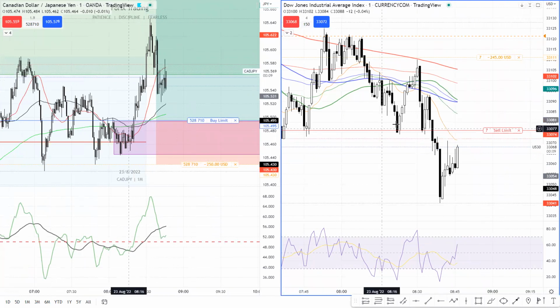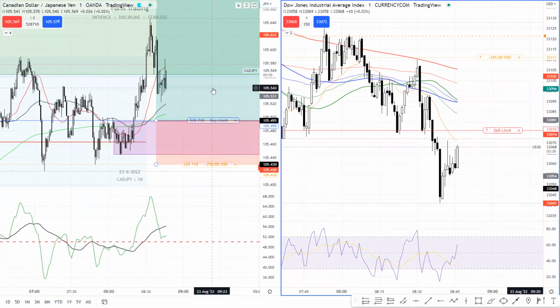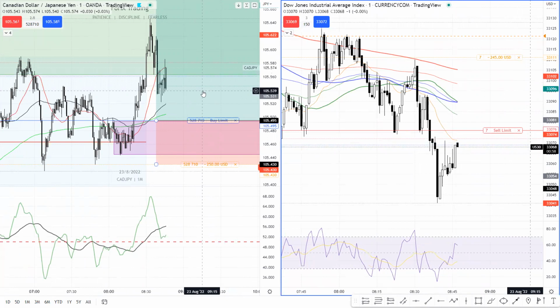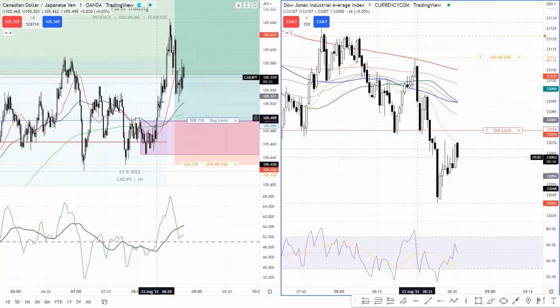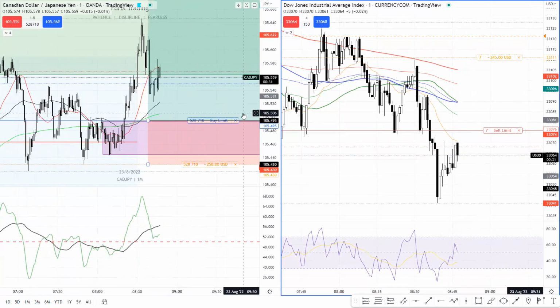This is a counter trend trade, so I recognize its risk level in and of itself, but I think we're good to continue lower.